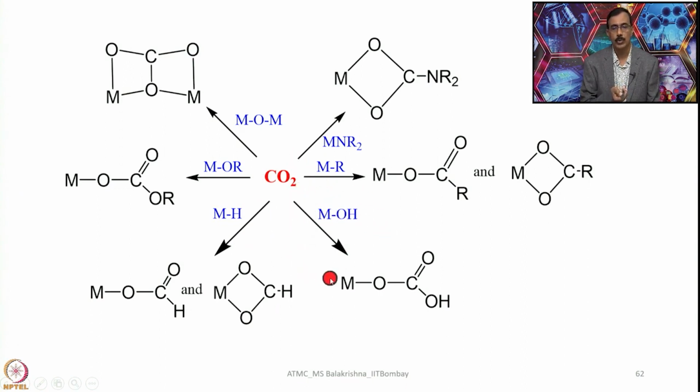Of course, you have to choose the right kind of ligands for performing this reaction with better yield and better conversions. You can also insert carbon dioxide into a metal to carbon bond in this fashion, or it can form something like this. If you take a metal to amide bond, you can insert CO2 in this fashion, or if you take an oxo-bridged metal complex, you can insert CO2 in this fashion.